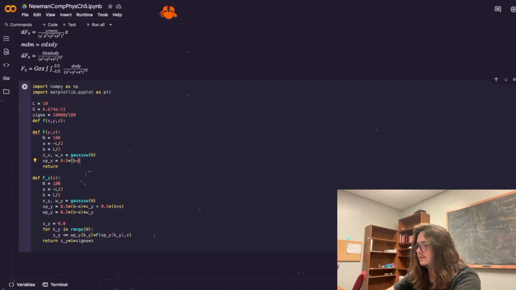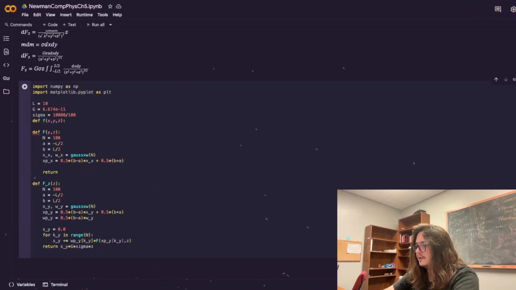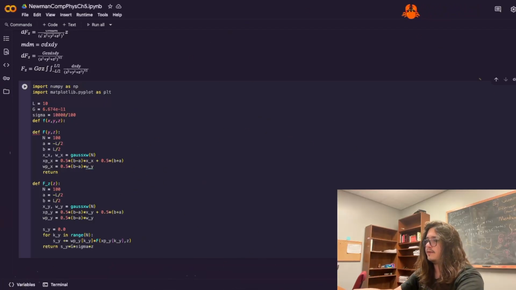You can probably do this in a way where you use the same lists to do both of the Gaussian quadrature integrals. But I wanted to do it this way. I think it's more readable. Especially since it's like doing 100 integrals for every one integral step that's in this.